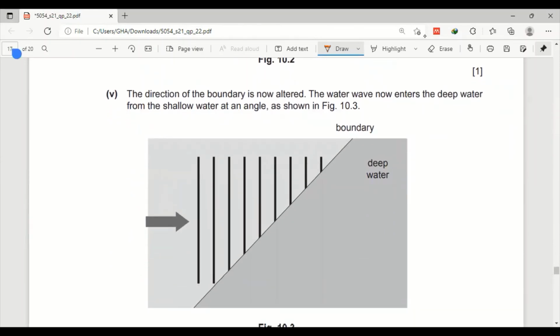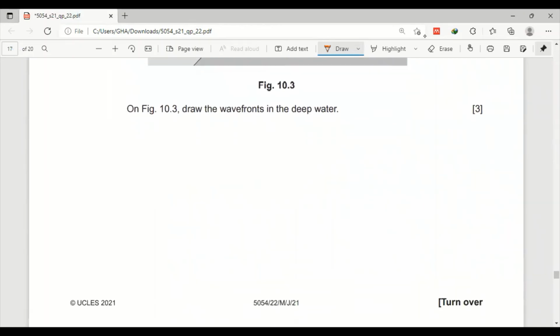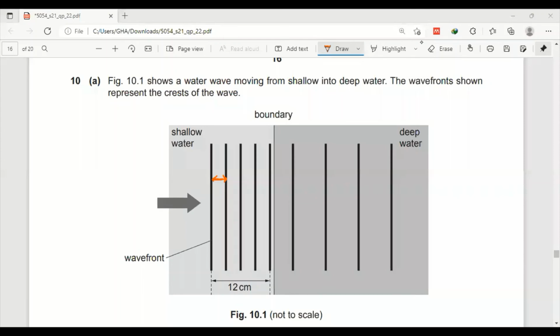Next, the direction of the boundary is now altered. The water wave now enters the deep water from the shallow water at the angle shown. Draw the wave front in the deep water. Okay, look, in deep water, the speed increases.